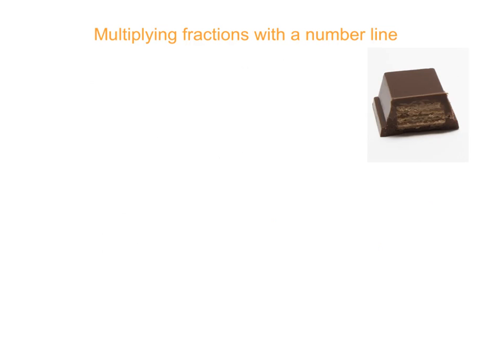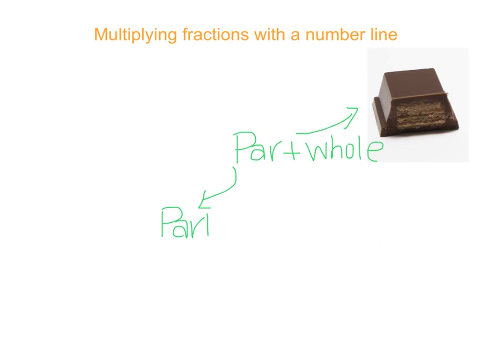So then this is where we're going to multiply fractions, because now, as you can tell, I only have part of the whole, and that part of the whole needs to be divided into smaller parts, creating what we know as part of a part. So when we have part of a part, then that's when we start multiplying by fractions.